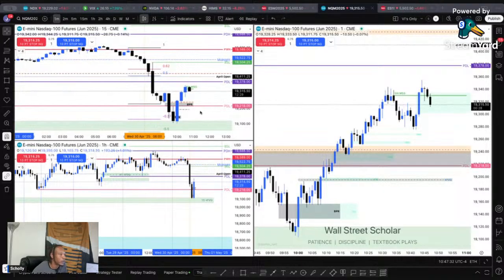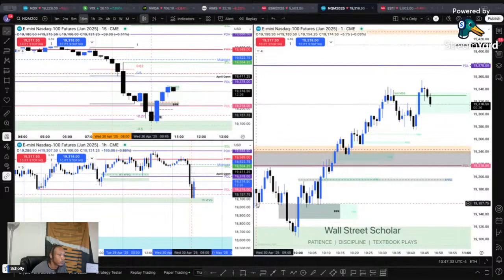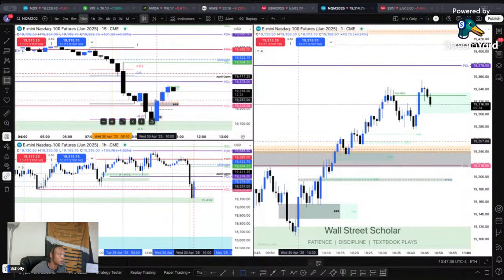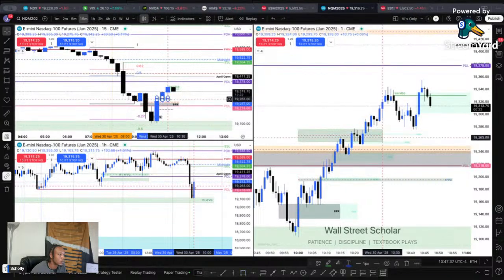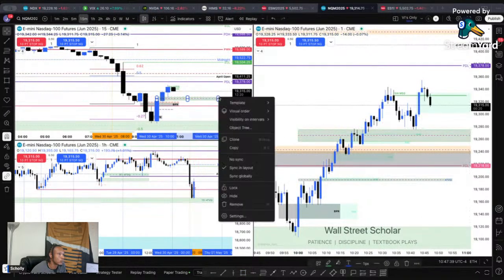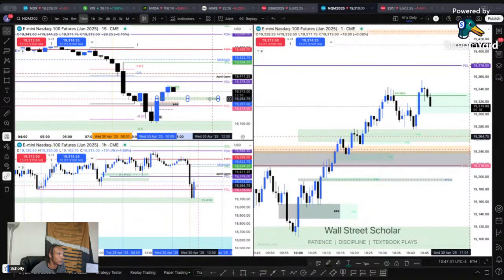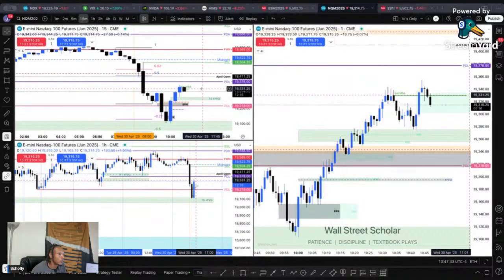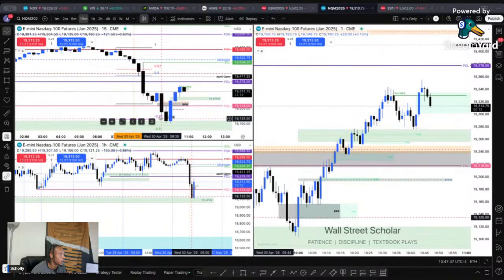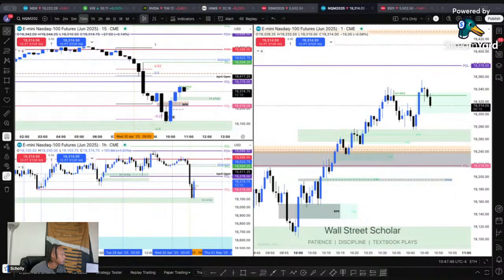Oh shit, we got a 15-minute gap below. Bullish. Close above on the 15, come back to the 15-minute gap. What ES got?